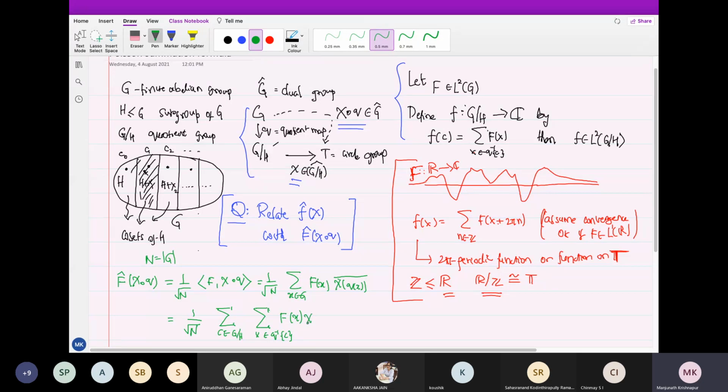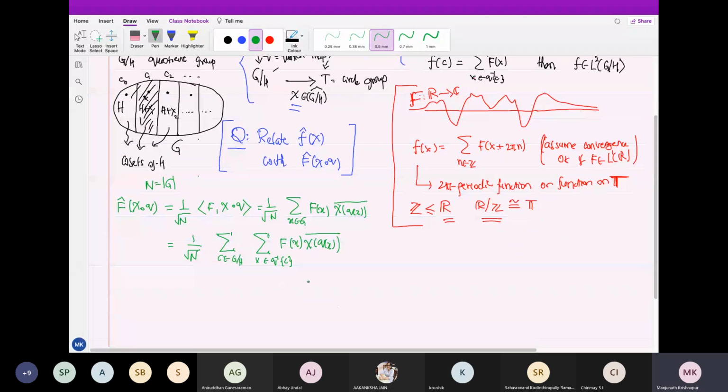But chi of Q of x, let's just write this. By definition, Q of x is C, right? So that comes out, and I get chi of C bar, and then sum over x in Q inverse of C of F of x.